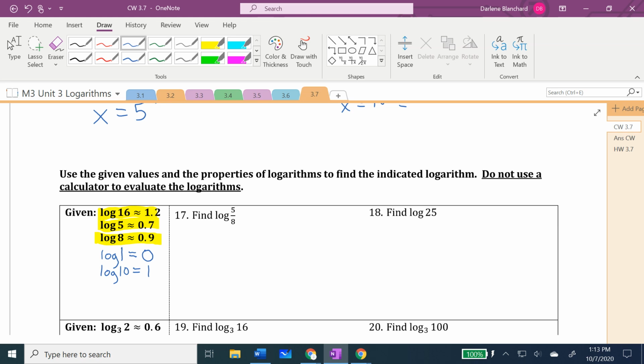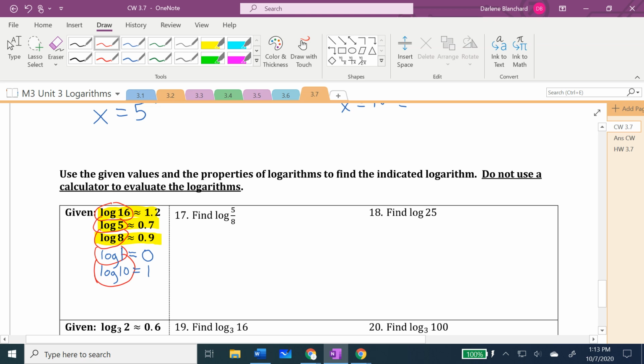Now, what they're wanting you to do is use your log rules, which means you've got multiplication inside a logarithm or division inside a logarithm or a base to a power inside your logarithm. And you're going to expand until you see these show up, any of these.